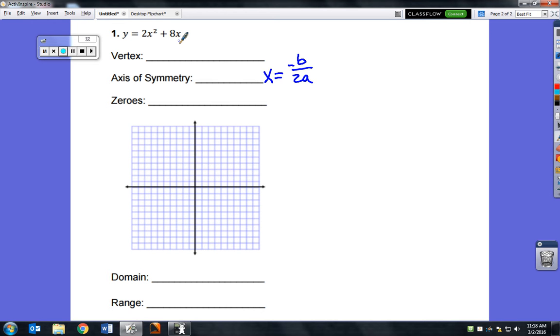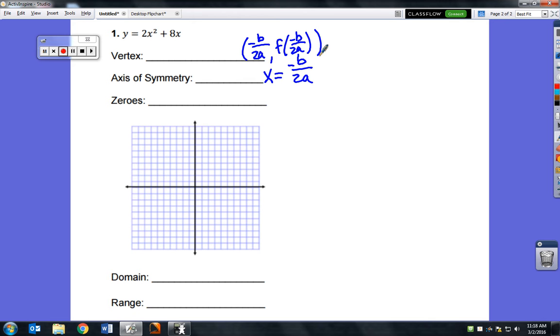If you also remember, our vertex can be found by using negative b over 2a as the x value, and we can plug whatever we get from negative b over 2a into our function to find the y value for our vertex. So I'm going to show you what I mean by this exactly.